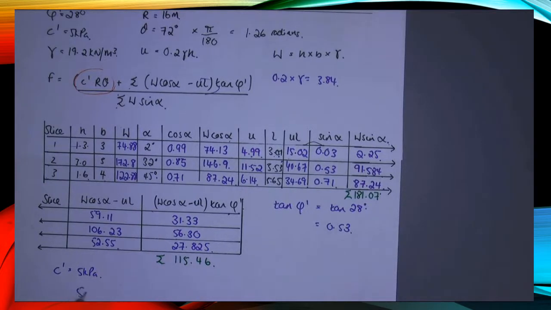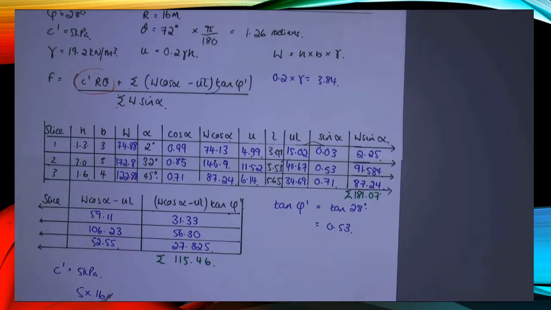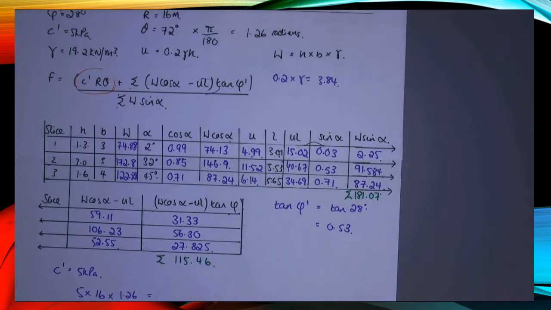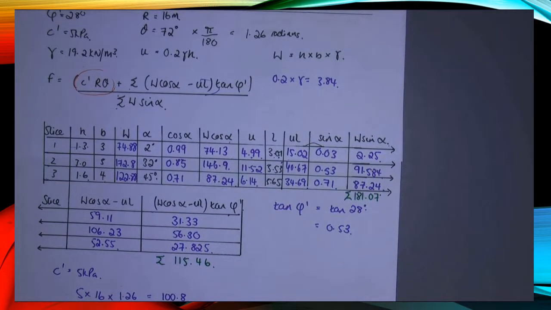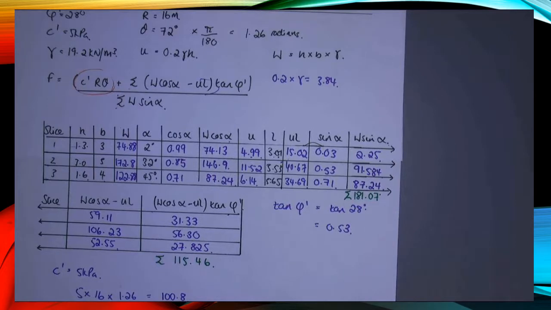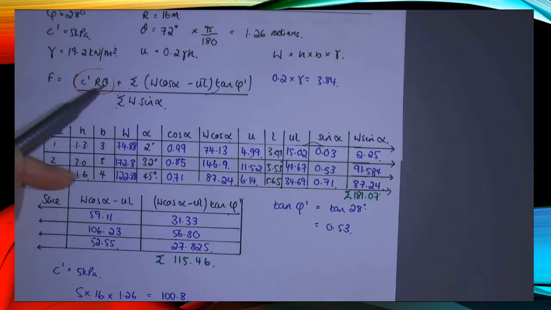So 5 times the radius of 16 meters times 1.26 radians equals the kPa resistance. So 5 times 16 times 1.26 equals 100.8.